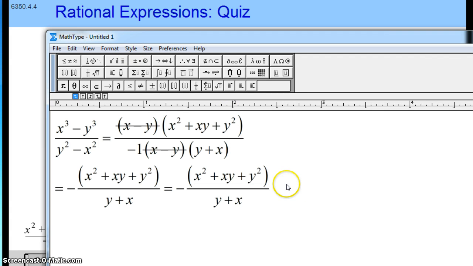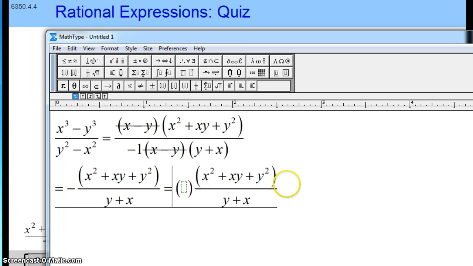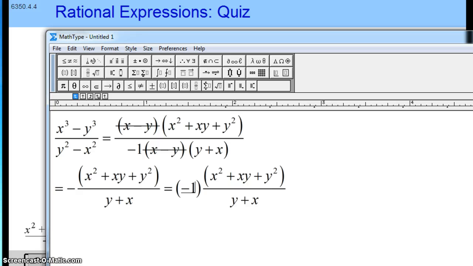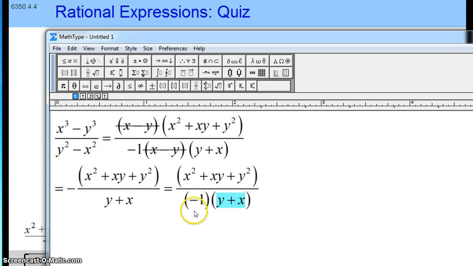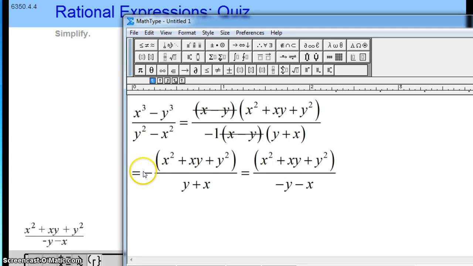There could be a negative 1 here. You could rewrite it as this, which is perfectly acceptable. You can put this negative 1 on the top or on the bottom, and that has to be parentheses. What they did is they distributed this negative 1 into the x plus y, so you get negative y minus x. That's what they have. Perfectly acceptable. If you wanted to distribute it in the top, that's fine as well.